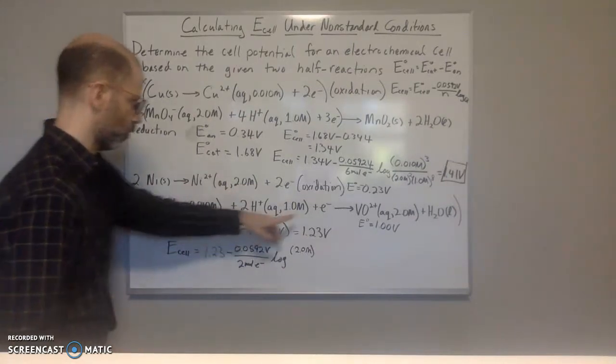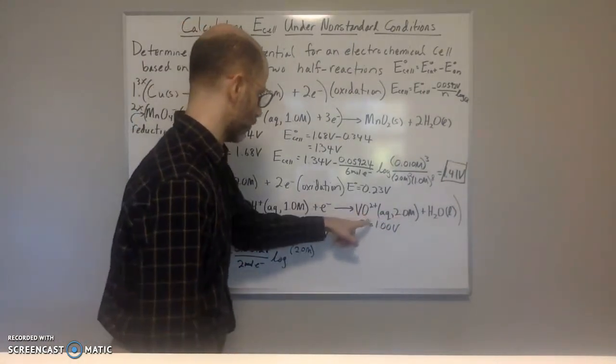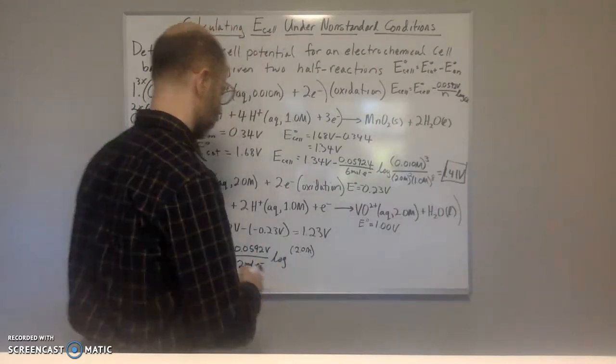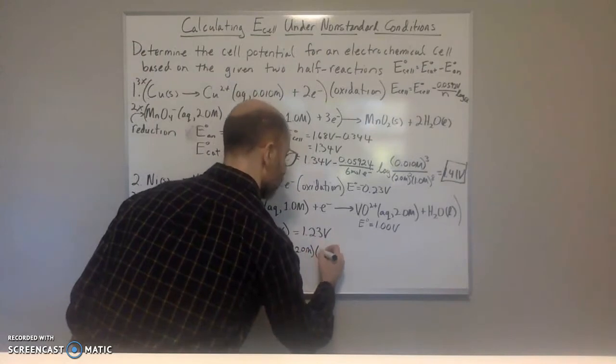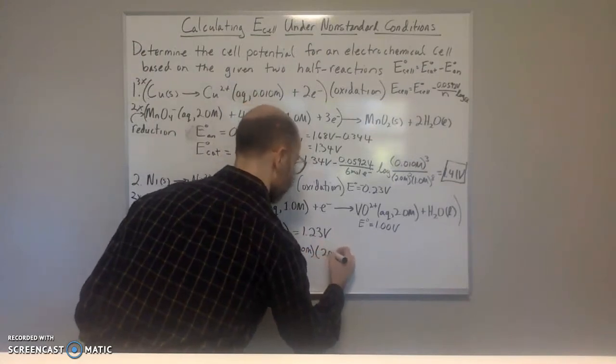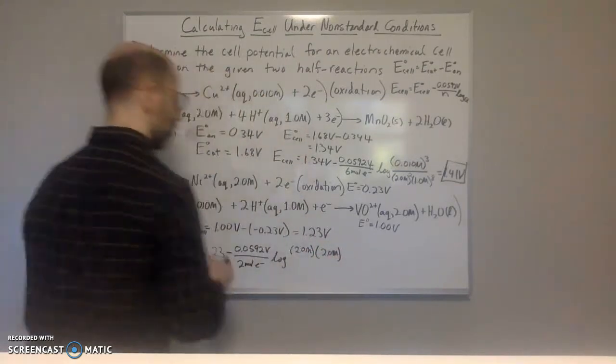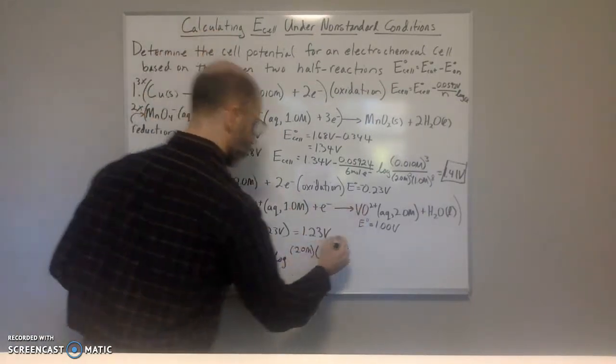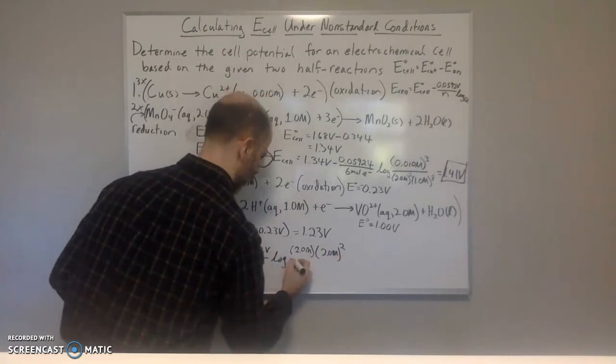So let's see, for our products over here, we have VO2 plus aqueous 2 molar, so we're going to multiply that also, so 2.0 molar. And here, since we're multiplying by 2, there should be a 2 coefficient from there, so we're going to square that.